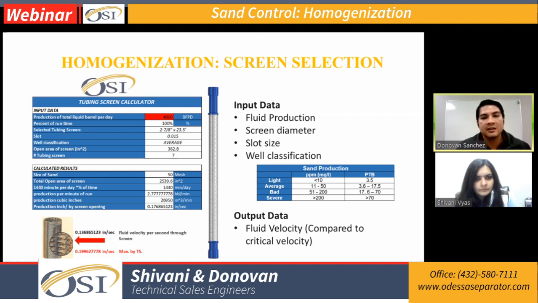As you can see in this example that we put together, this fluid velocity is quite a bit lower than our critical velocity. We want to keep a safety factor as well, just in case some well characteristics change or something unexpected happens. You just always want to keep that safety factor in consideration.